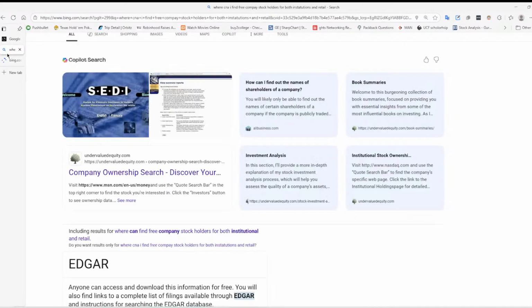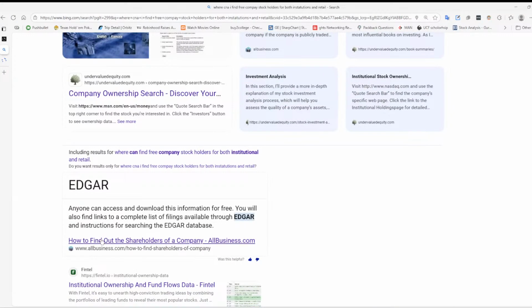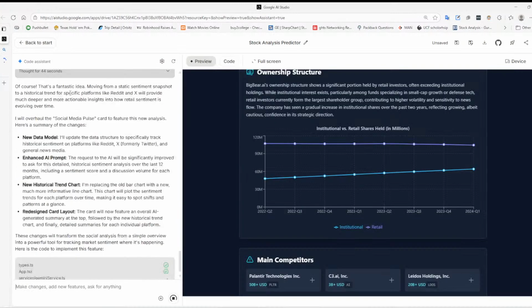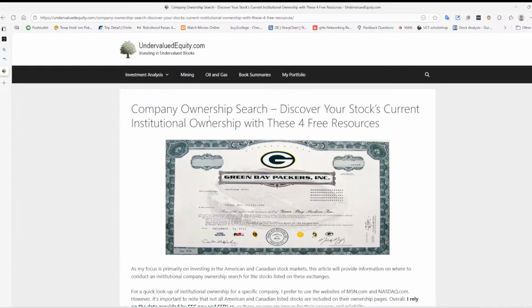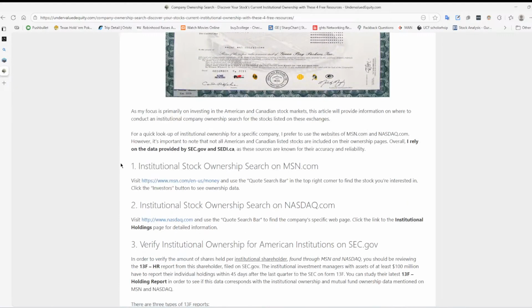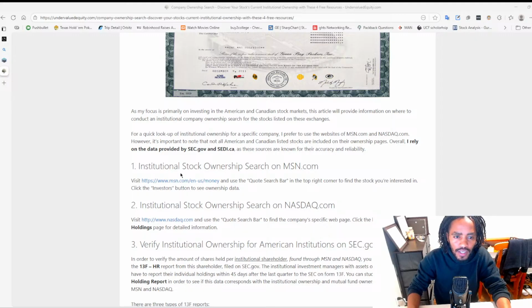Let's see. Edgar is a good place. Obviously, you have to report it. All right, so institutional stock ownership search, MSN. Visit the MSN English US Money and use the quote search bar in the top right corner.